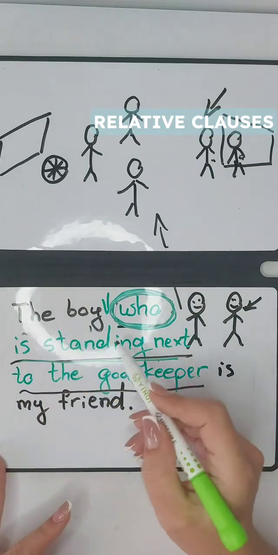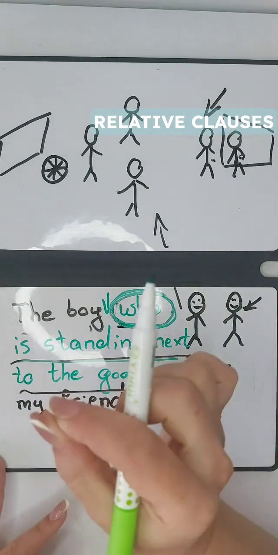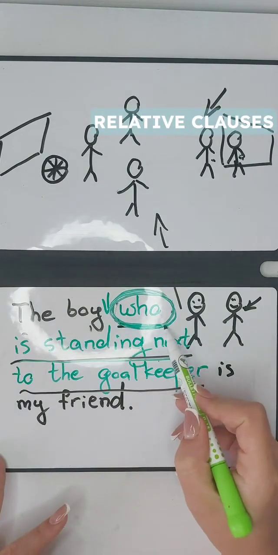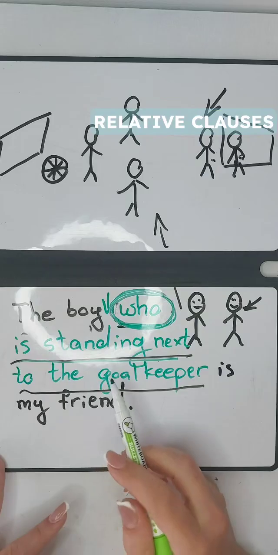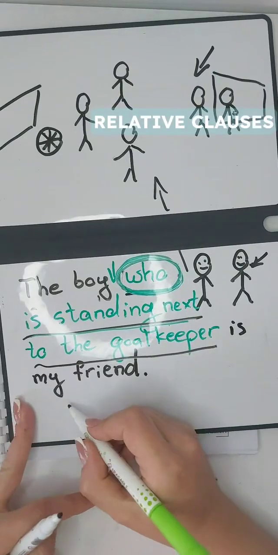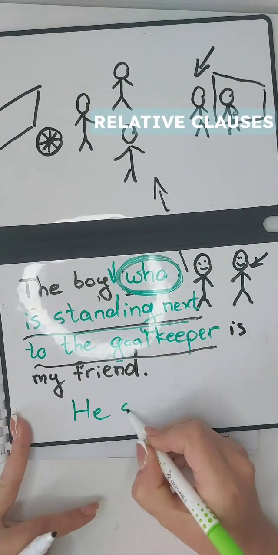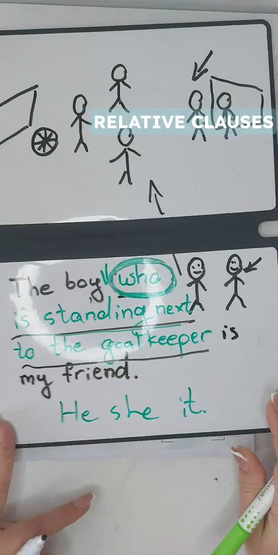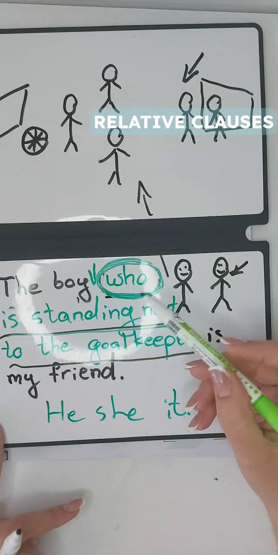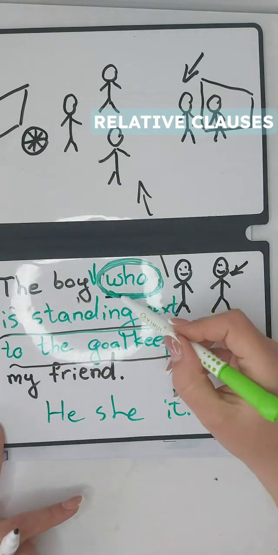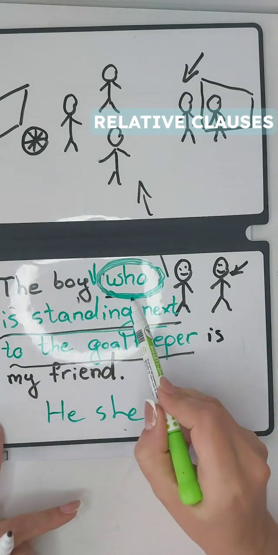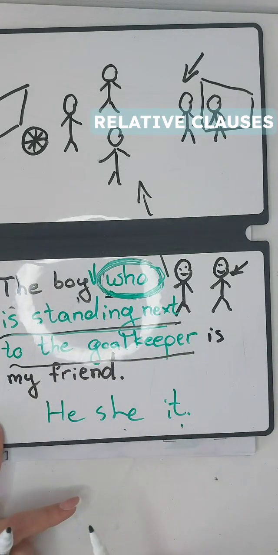And note that here who doesn't work as a question word. We are not asking something. Here who works as a relative pronoun. It works like he, she, it, okay? And of course, since it works like he, she, it, we cannot say the boy who he is standing next to the goalkeeper.